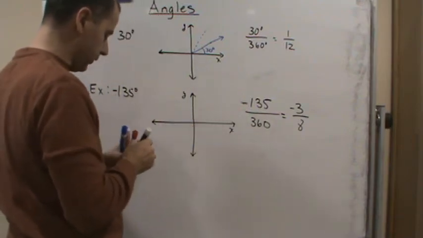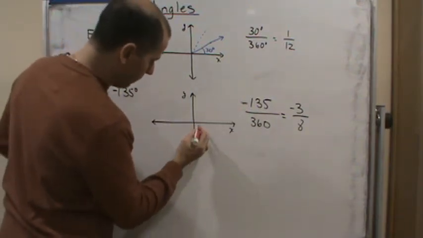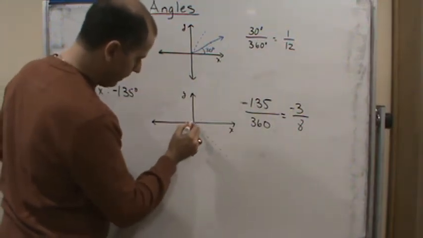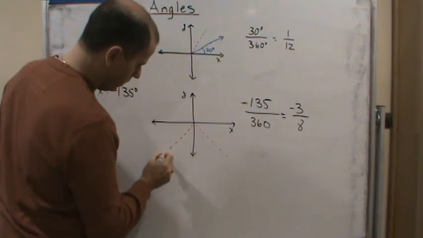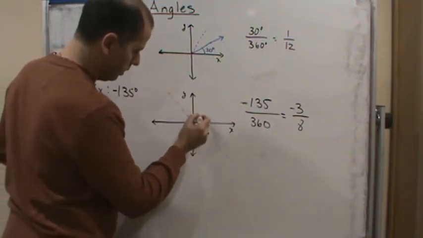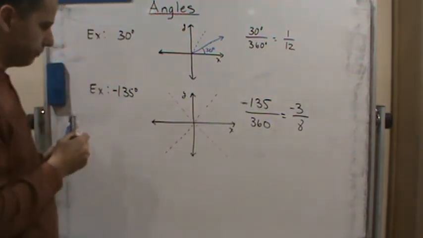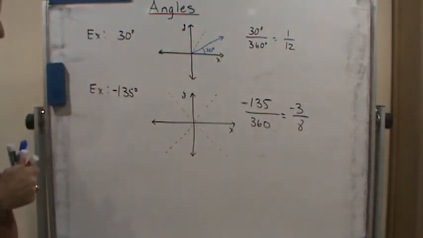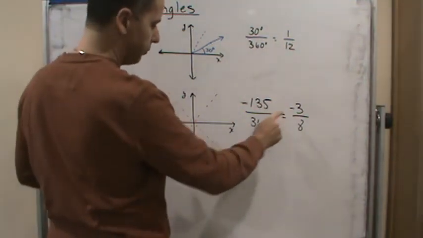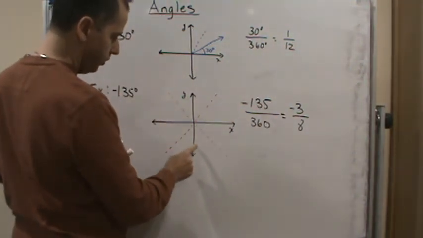Let me use a different color. Let me use red. So here I've got that there, that there. Now I've got it split up into eighths. Now I just count -3/8: 1, 2, 3.